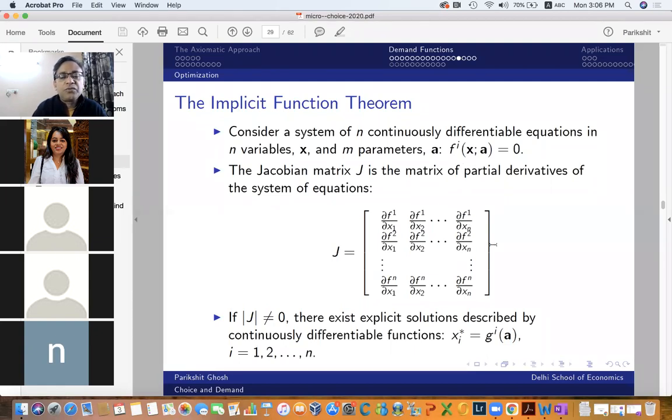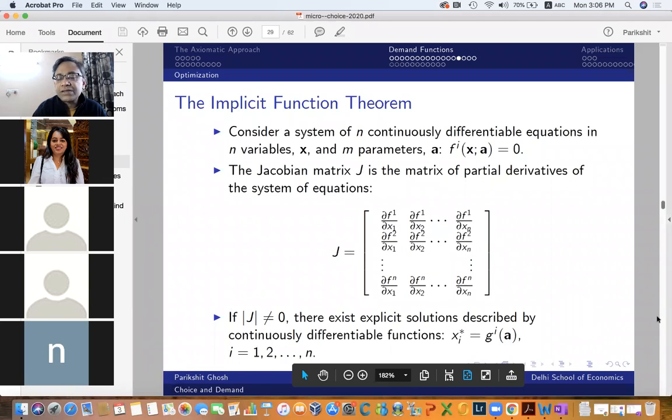The second row will be the first partial derivatives of the second function. And the last row will be all the first partials of the nth function. So you stack them up like this, and this is called the Jacobian matrix. And if the determinant of the Jacobian matrix is non-zero everywhere, then an explicit solution exists.